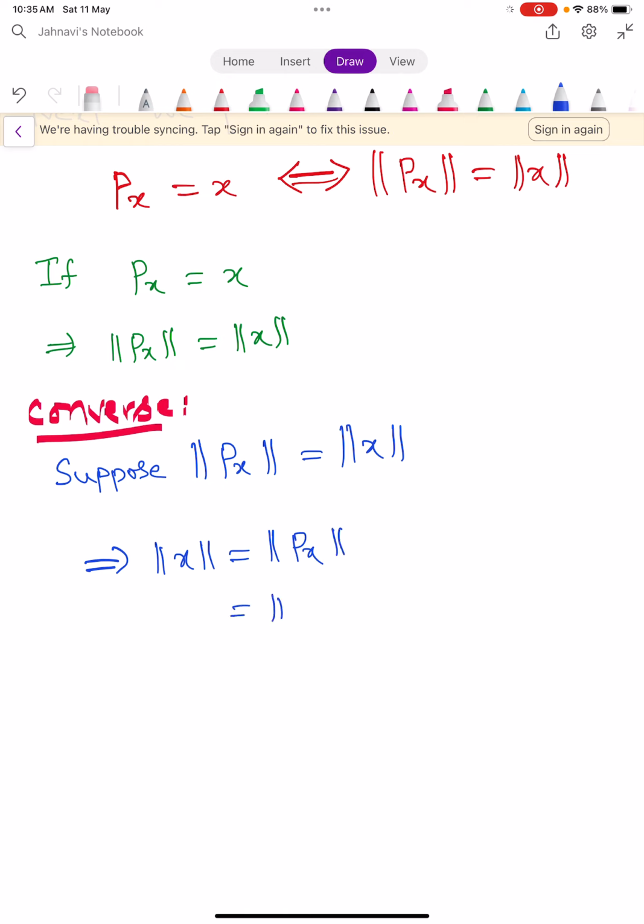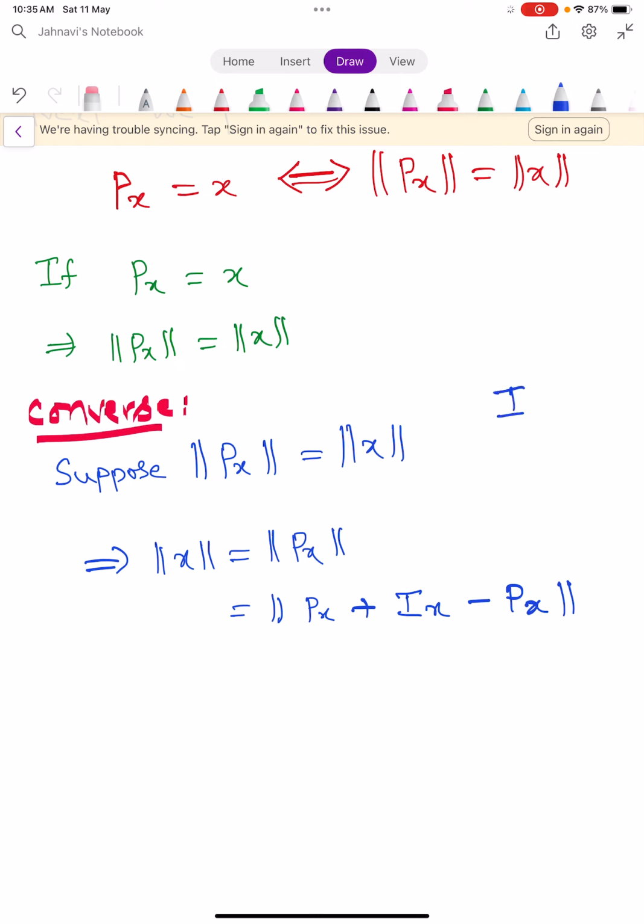I rearrange the element norm Px plus Ix minus Px.